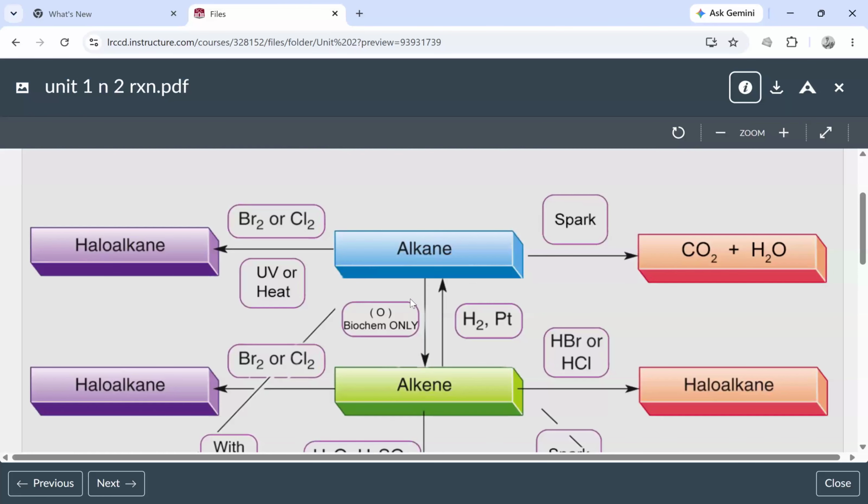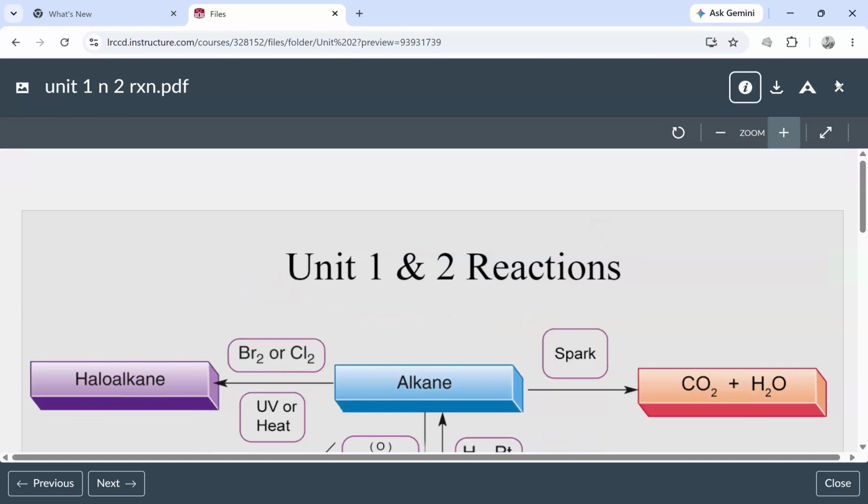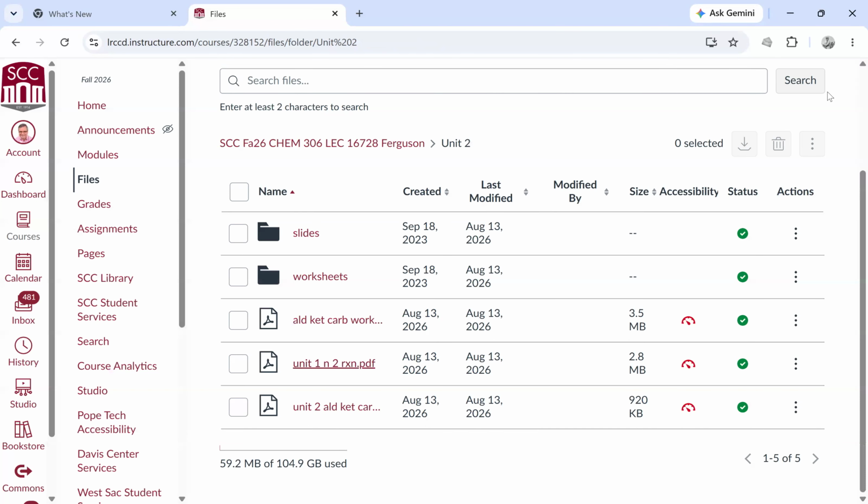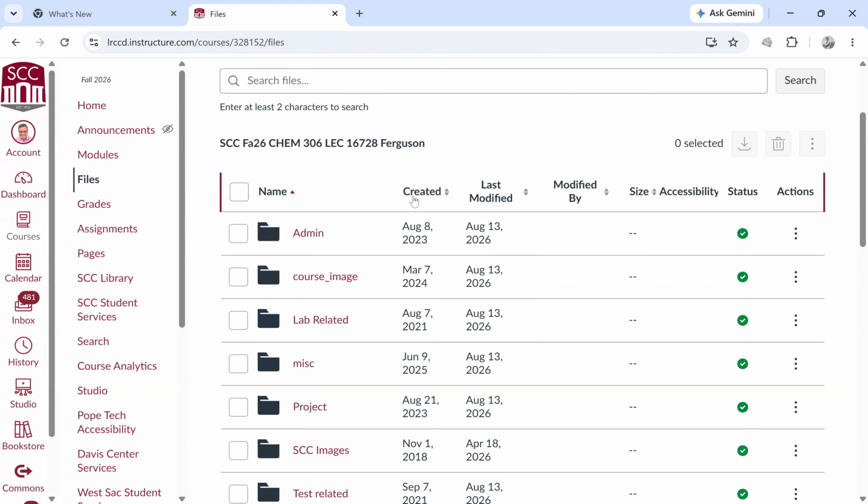You can see there's a lot of reactions. Okay, so anyway, that's where to find the flow chart. I would definitely print that out and have it with you. It's like a periodic table in 305. Use it all the time.